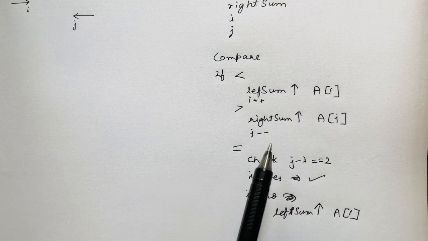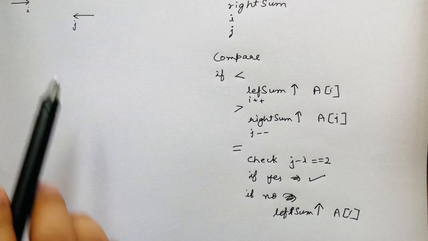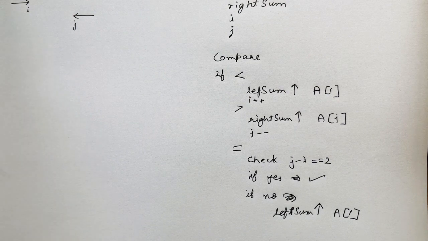If right sum is lesser, that means we have to add an element to the right and move the pointers accordingly. And what if both are equal? If both are equal and our j minus i equals 2, that means we have found the equilibrium point. So we will return. And if they are not equal, then we have to continue our exploration and we'll use left sum to increment again and continue in the loop.